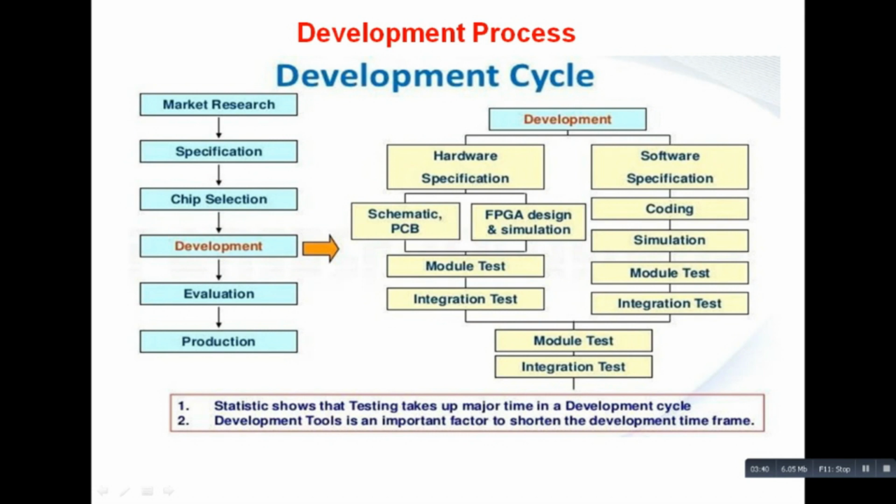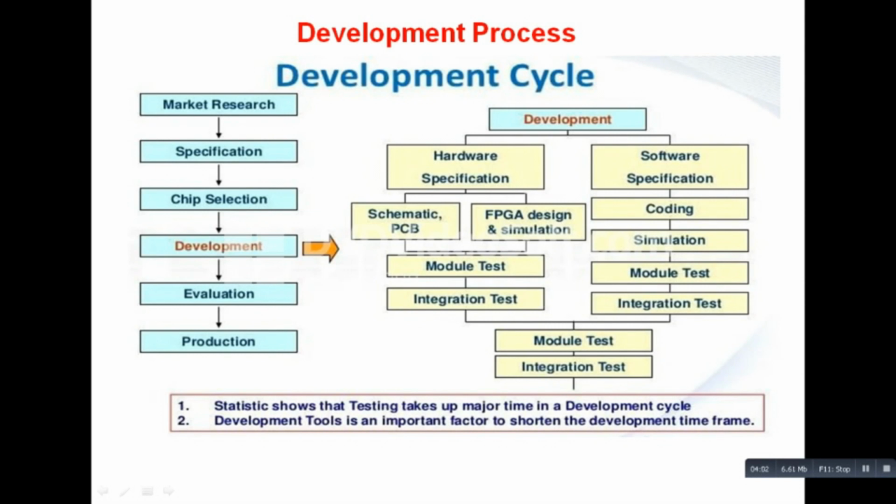And then we test module wise. There are a number of modules present in our system. Each module we test, and after that we integrate all the modules into one single system, and then we perform the integration testing.